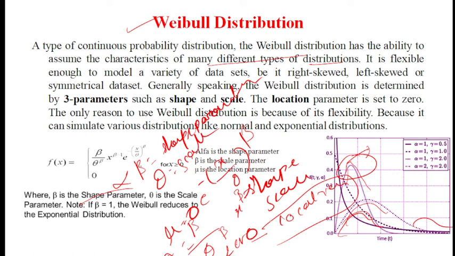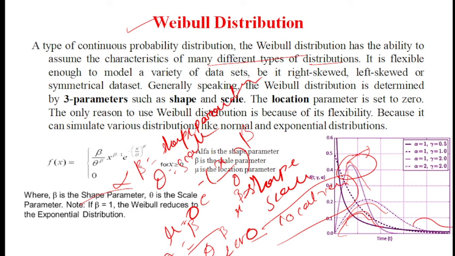Binomial distribution has a fixed number of trials. As we already discussed before, binomial has a fixed number of trials, whereas Poisson has no fixed number of trials and no limit on the possible outcomes.